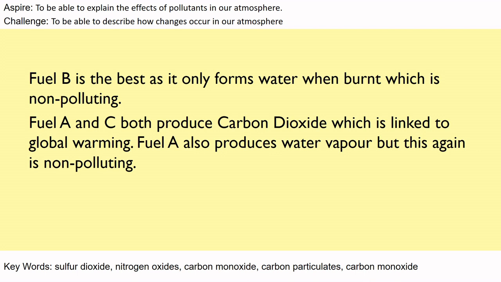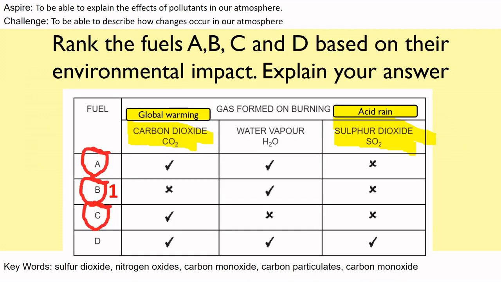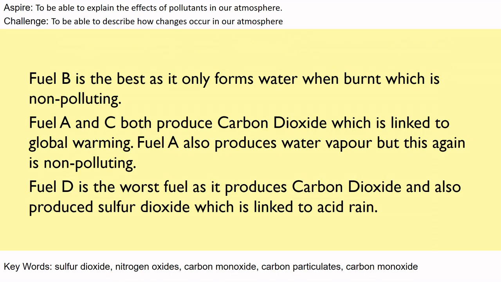So now I've got to have a look at our last fuel, which is fuel D. What are our issues surrounding fuel D? So now we're looking at fuel D, and we can see fuel D has actually got a tick in every single column. So it produces carbon dioxide, which is linked to global warming. It produces sulphur dioxide, which is linked to acid rain. So fuel D is clearly the worst.